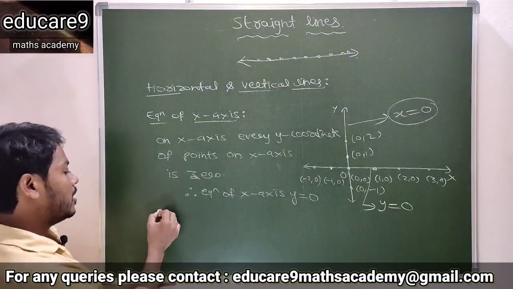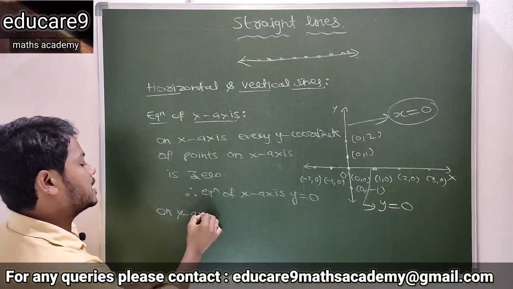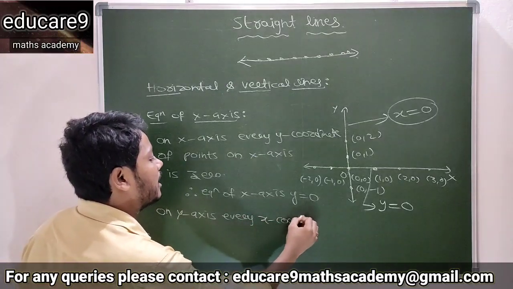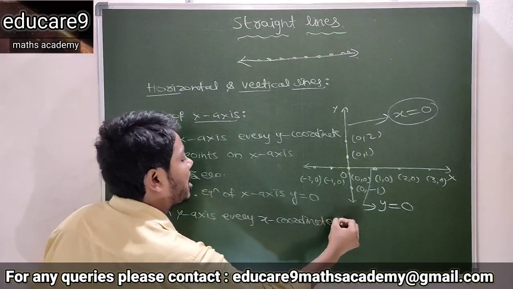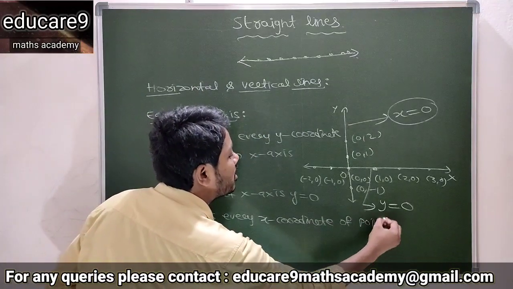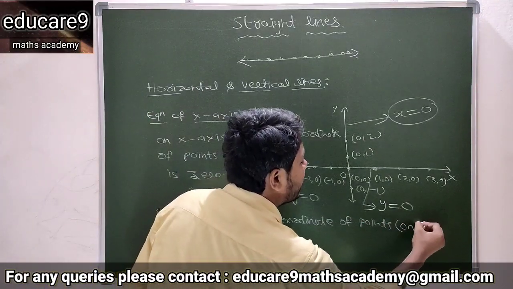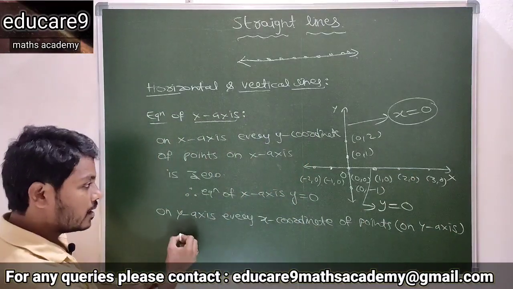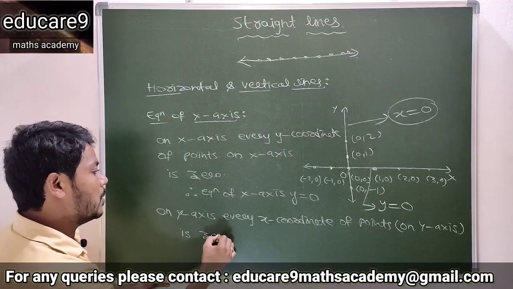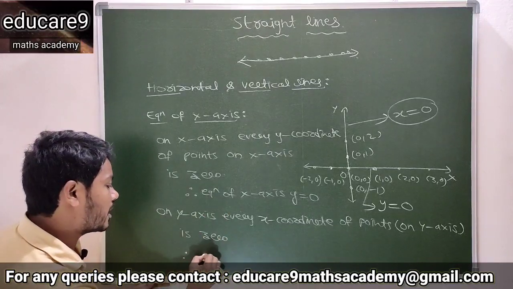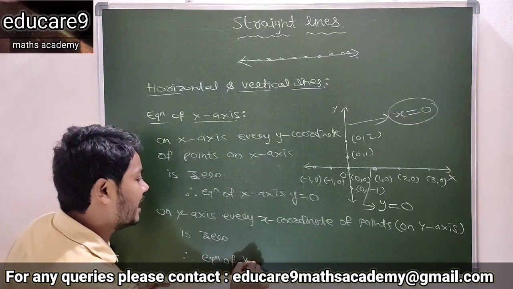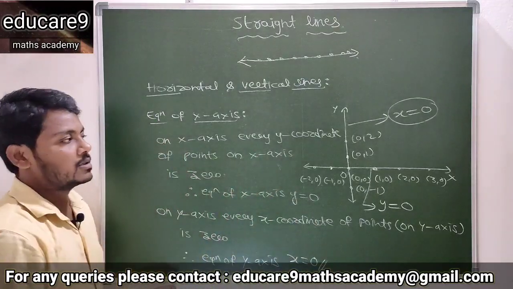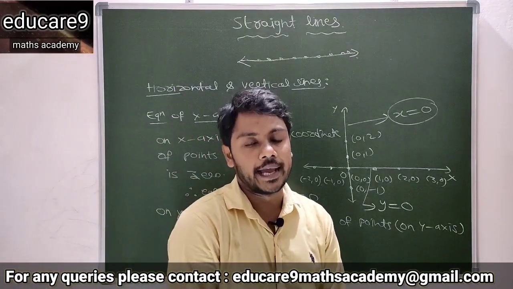See here, on the y-axis every x coordinate of points on the y-axis is 0. Therefore the equation of the y axis is x equals 0. So these are the equations of the x and y axes.